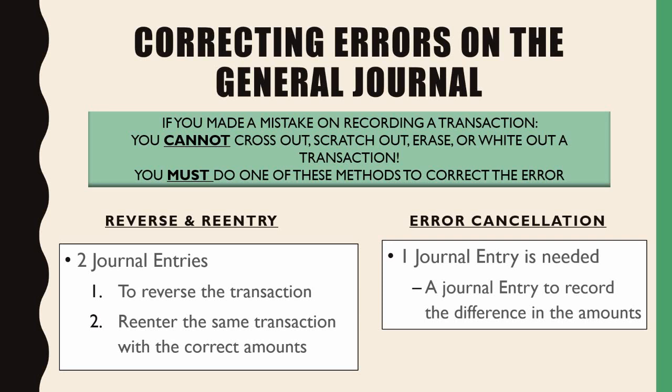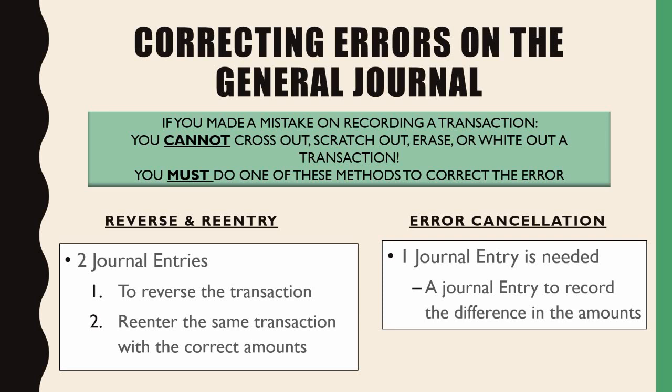So that's why the best way to undo a transaction is to use one of these methods, which is going to be the reverse and re-entry or the error cancellation method. So again, the reverse and re-entry, basically what you're going to do is, if you made a mistake, whether it's numbers or the wrong account, you're going to reverse the entry by undoing the transaction, and then you're going to add a second journal entry to record it the correct way, okay?